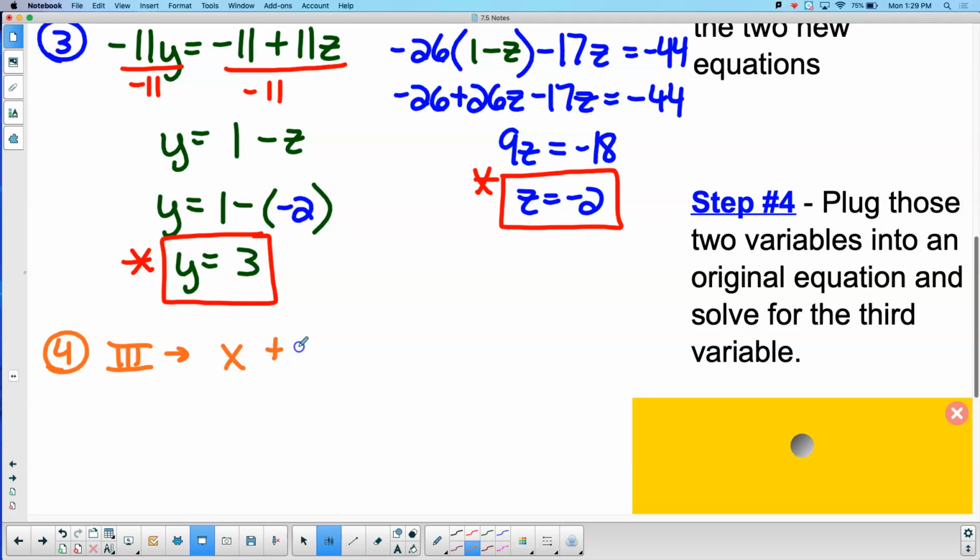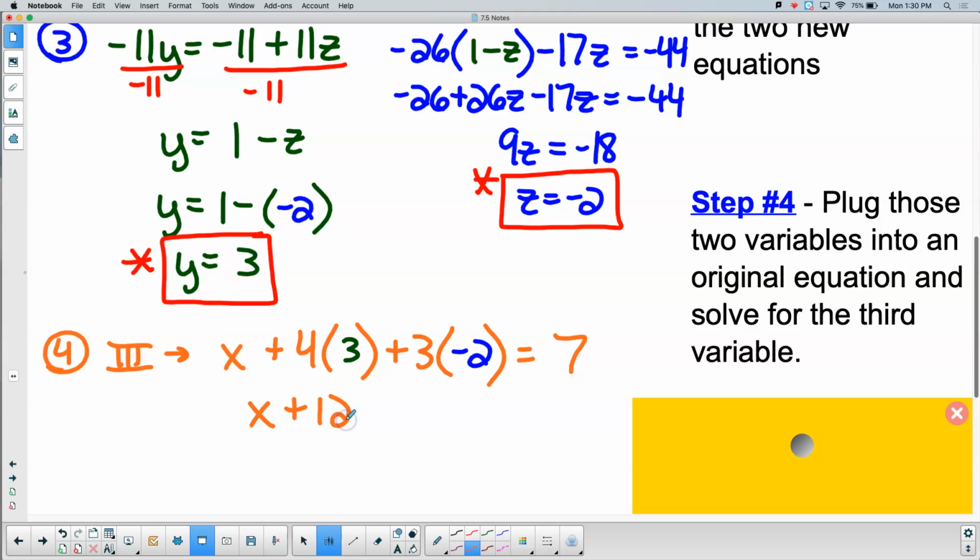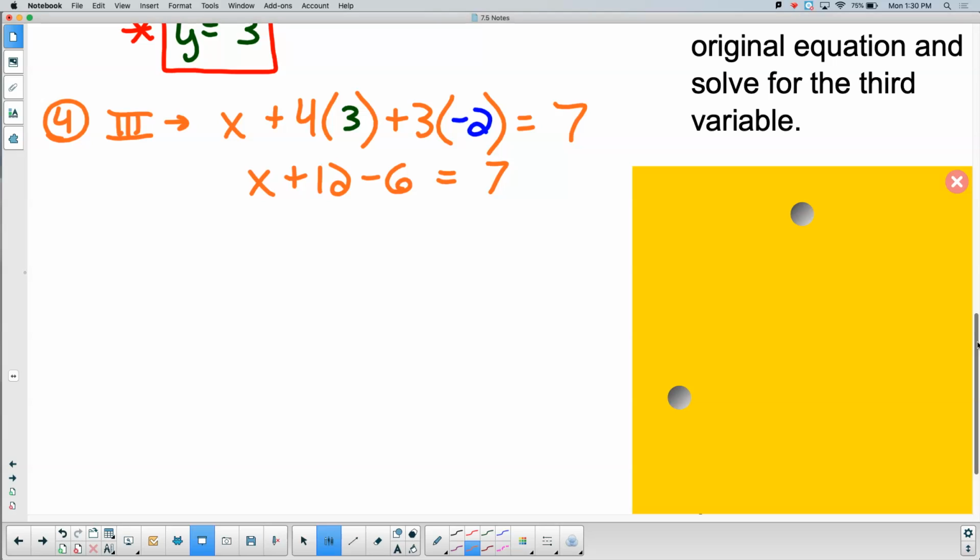X plus 4 times y, well, y is 3, plus 3 times z, z is negative 2, and that's got to be 7. Plus 12 minus 6 equals 7. X plus 6 is 7. So x is 1.